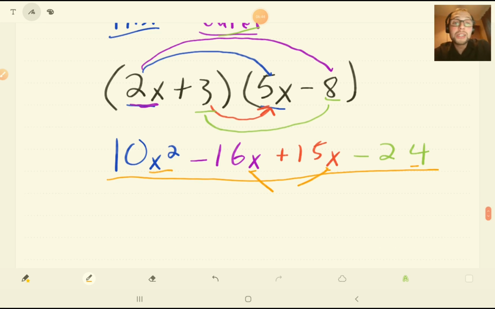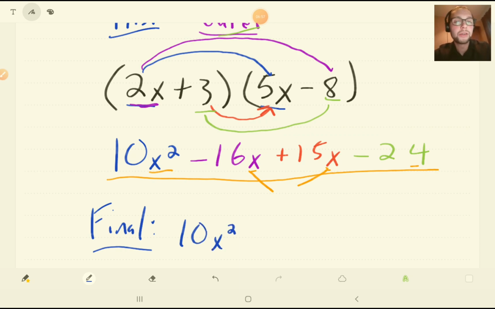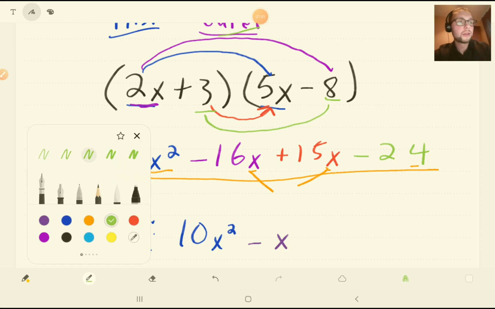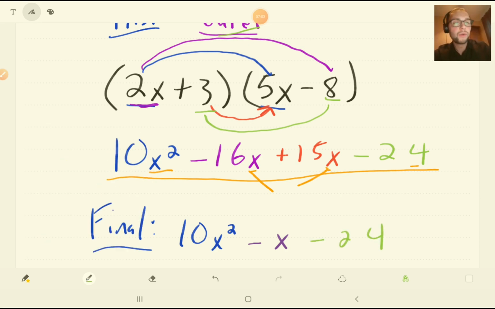And then the rest, because there are no like terms, would just remain. So our final equation, after removing all the brackets and adding any like terms, is going to be 10x squared minus x minus 24.